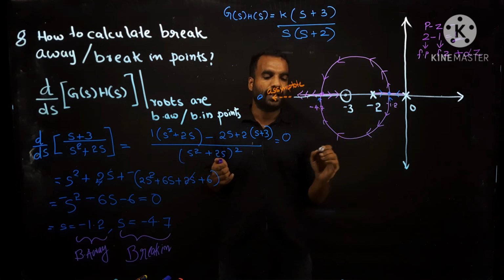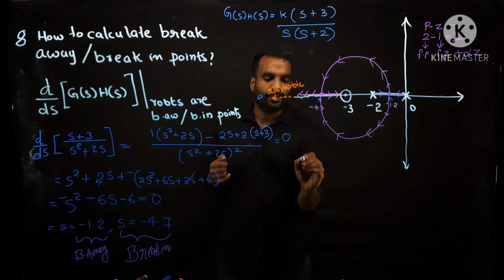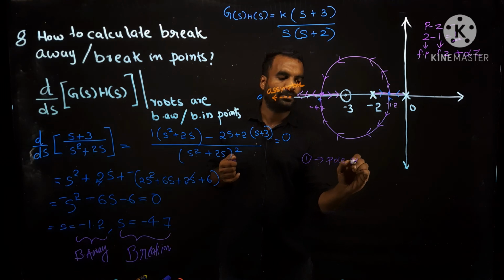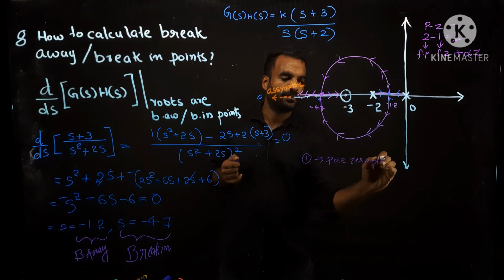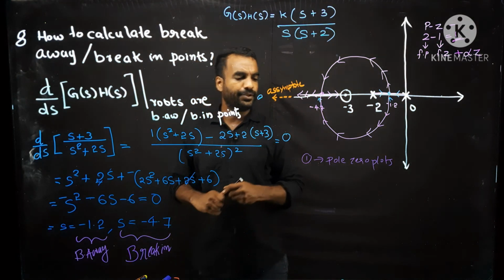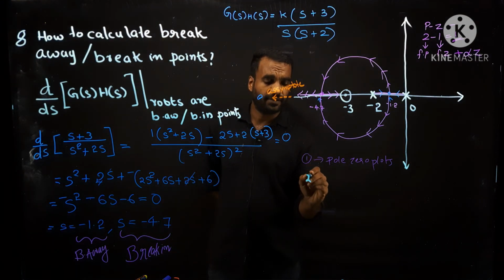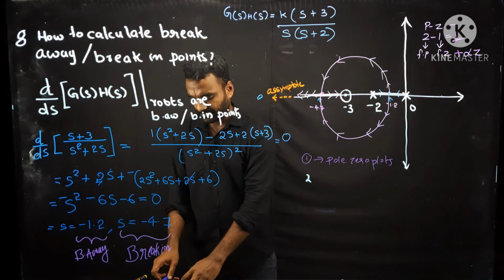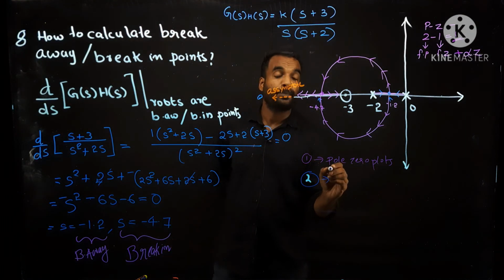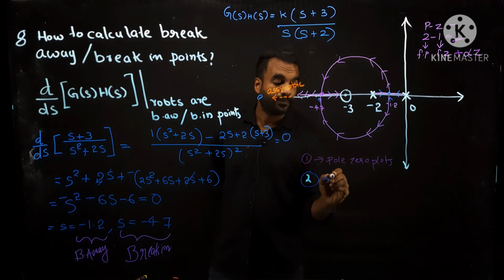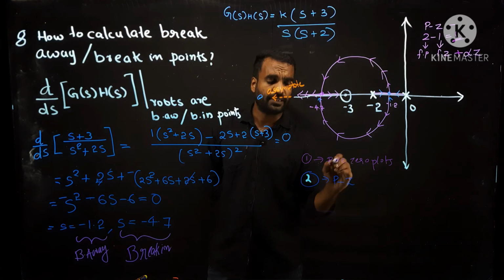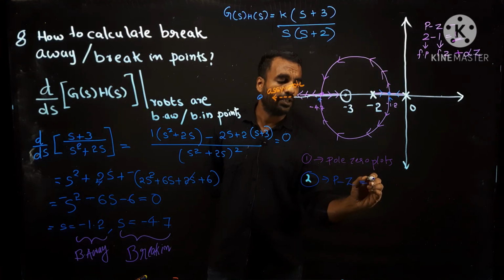So I will again repeat. First you mark the pole zero plots. Then you check whether the need of an asymptote is there in your diagram, and you got only one asymptote.